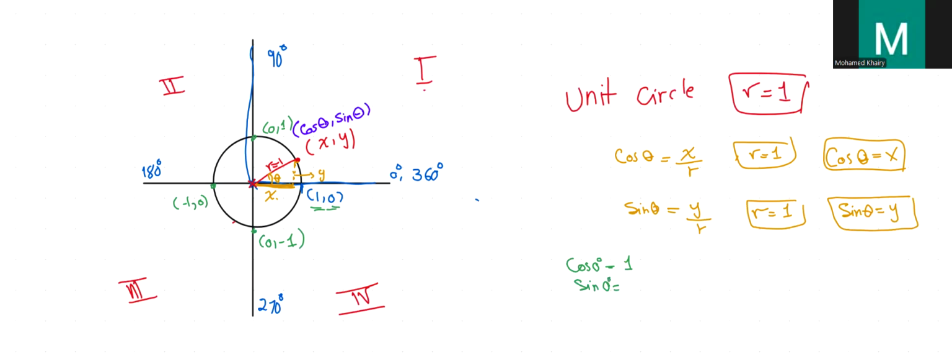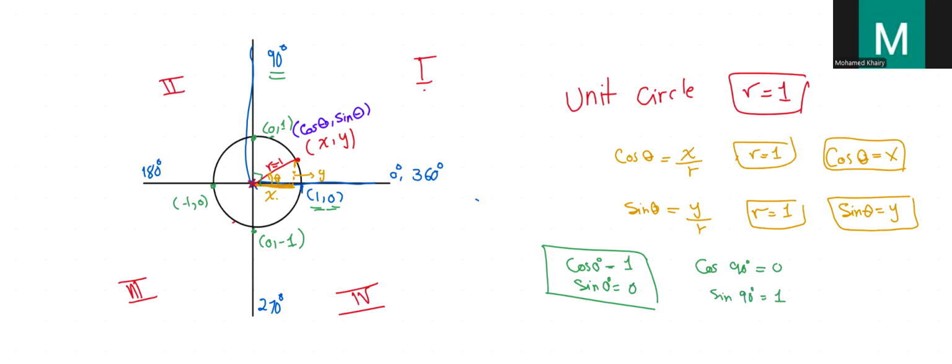Continue here, I have cosine 90 degrees, because the angle here is 90, as we wrote up. Cosine 90 degrees equals 0, which is this one, and sine 90 equals 1.